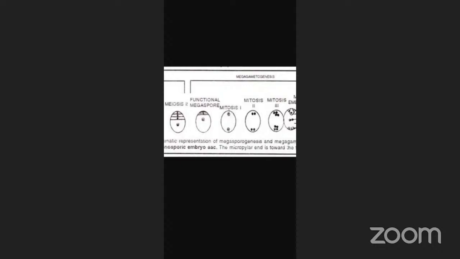In this type of embryo sac development, the nuclei of the megaspore take a 2+2 arrangement. All the nuclei of the megaspore undergo one more division to form the 4 nucleate embryo sac. The mature female gametophyte has a normal egg apparatus. Here 3 antipodals and 2 polar nuclei are present.